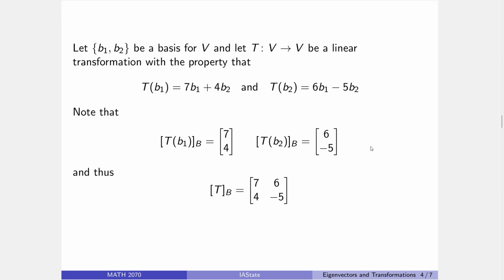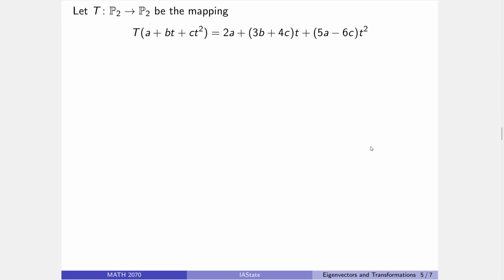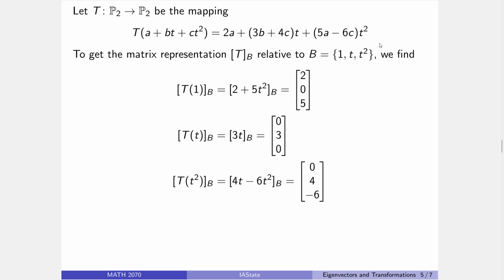Let's get a little spicier. Let T be the mapping that takes a polynomial of degree at most 2, a plus bt plus ct squared, and mutates the polynomial as follows. This is a linear mapping, and we know that P2 is basically R3, so a linear mapping from R3 to R3 should have a 3 by 3 matrix that describes it.